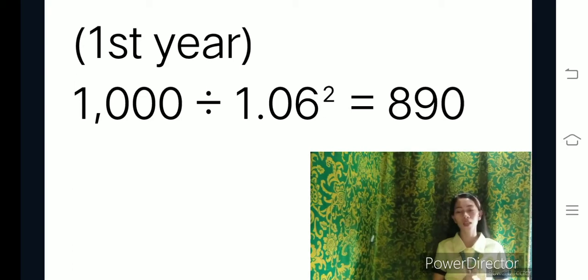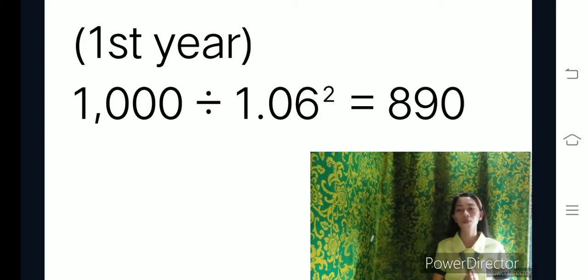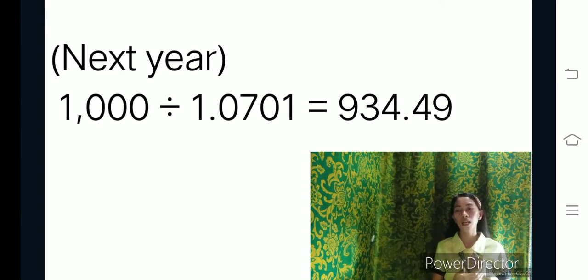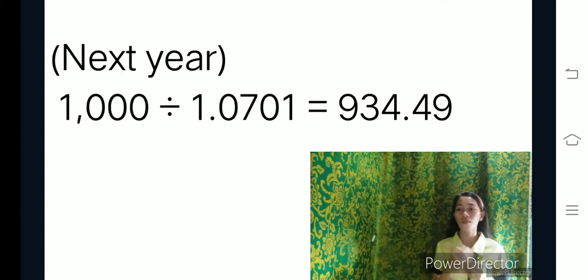It's because 6% converted into a decimal becomes 0.06, and the 1 is the face value of the bond, so it will become 1.06. So if we compute 1,000 divided by 1.06 raised to the power of 2, the answer would be 890.